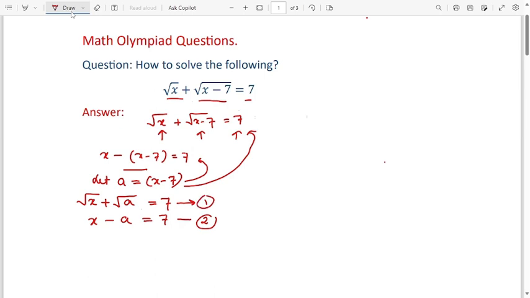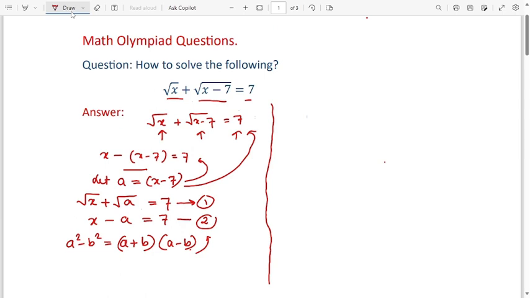I know that you guys already know the formula: a square minus b square is equal to a plus b times a minus b. So we are going to use this formula on equation 2. So let me write this.